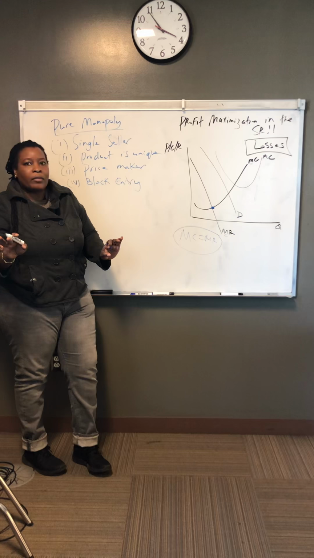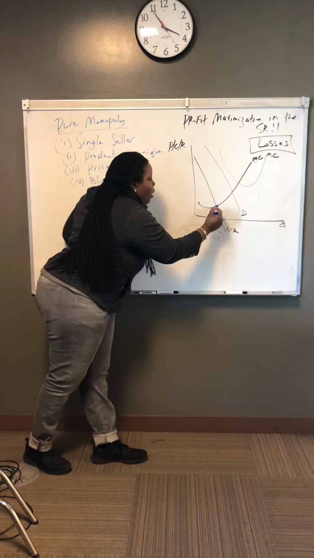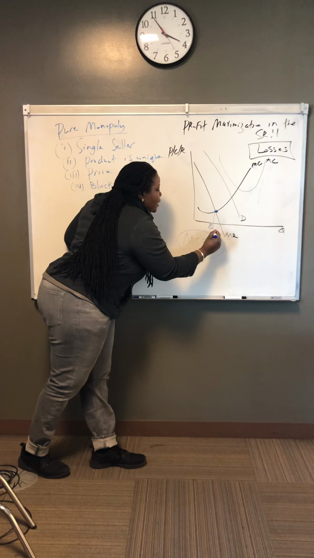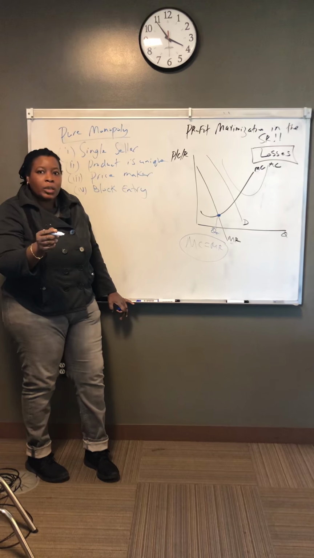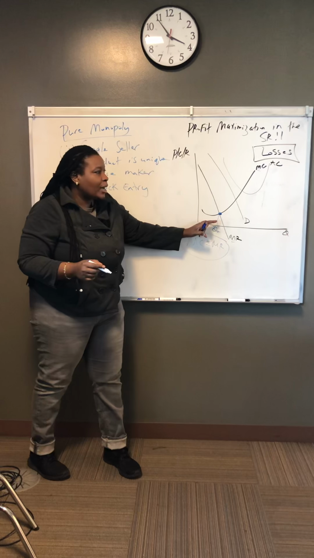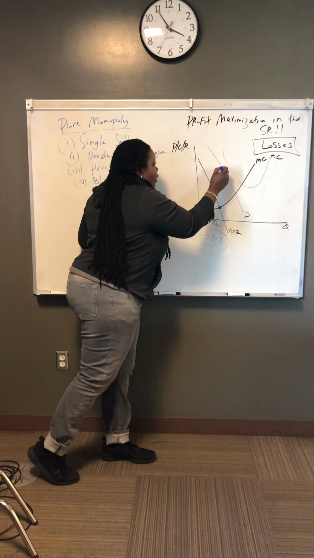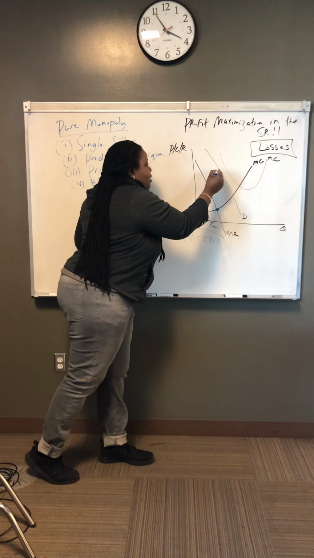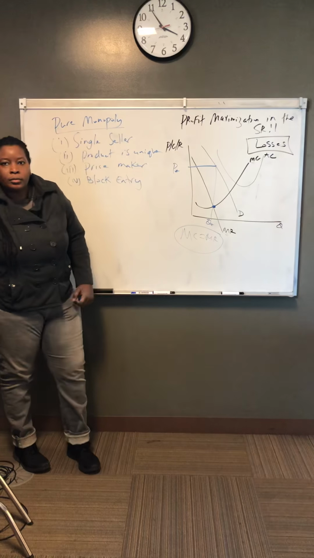This is going to tell you everything. Profit maximizing point will give you the profit maximizing quantity. I'm going to call it Q star. What price will they charge? Profit maximizing quantity: find where it hits the demand curve. Put a little X. This is your price. I'm going to call it P star.